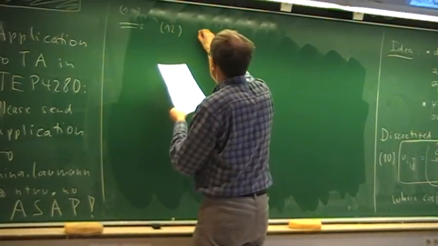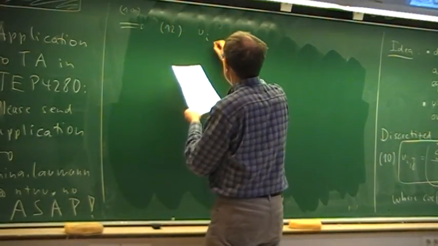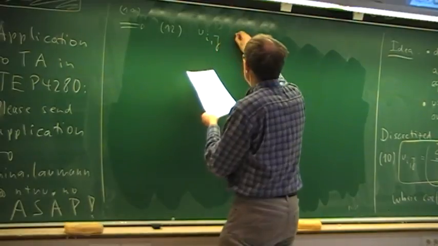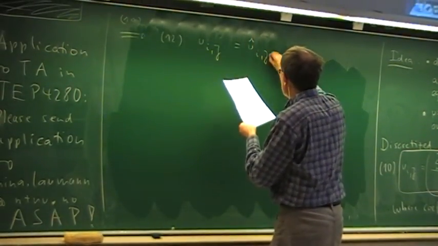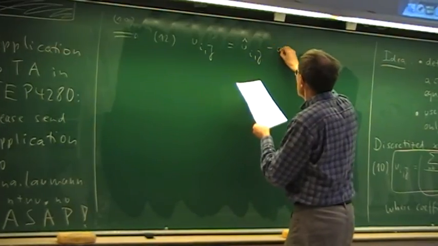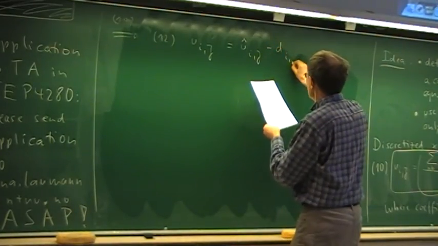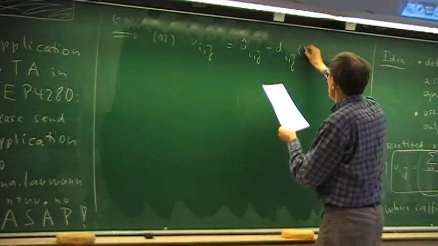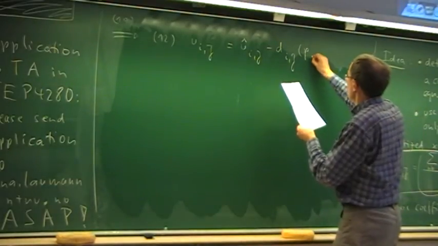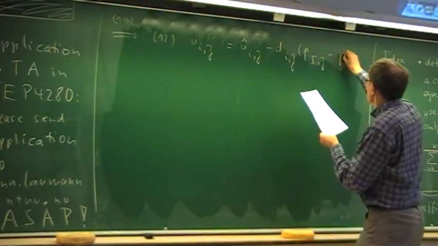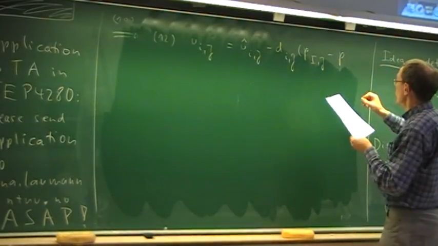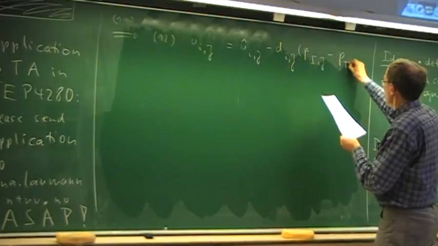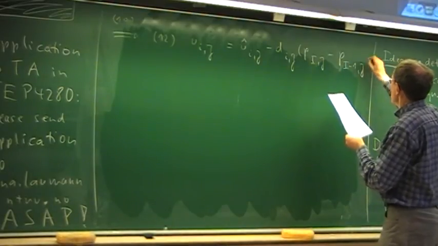12. The velocity component U ij is the pseudo velocity U hat at ij minus the d coefficient times the pressure difference between the eastern face of the control volume for U and the western face.